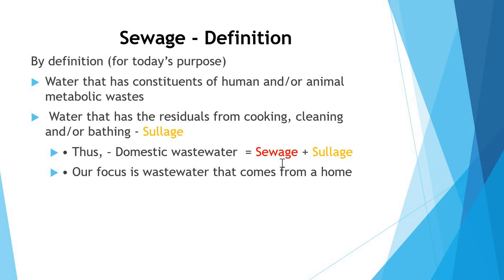And as we discussed earlier, the sewage contains the metabolic waste and the sullage contains the waste which results from human activities other than metabolic waste. So the sewage contains pathogenic microorganisms. So our focus is wastewater that comes from a home.